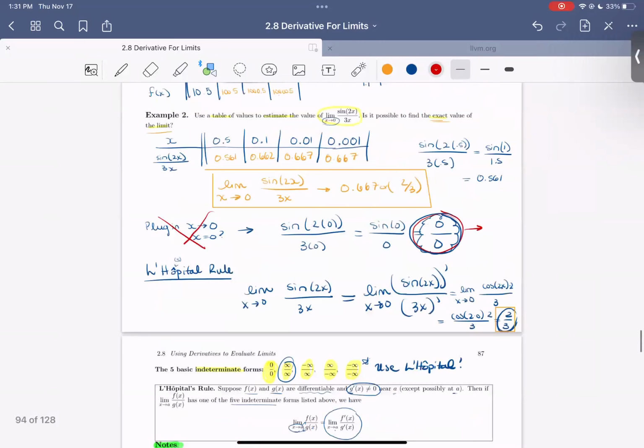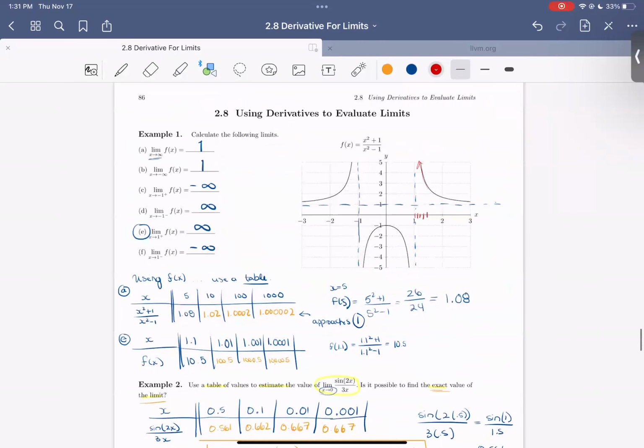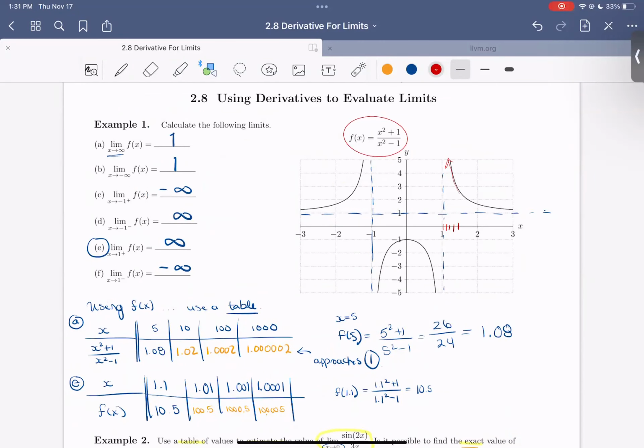Okay, so let's just recall what those limits were. Our function was x squared plus 1 over x squared minus 1. In part A, we're looking at the limit as x goes to infinity, and in part E, the limit as x goes to 1 from the positive side.